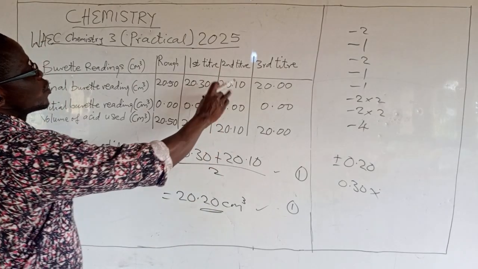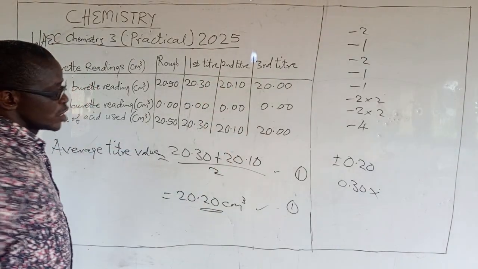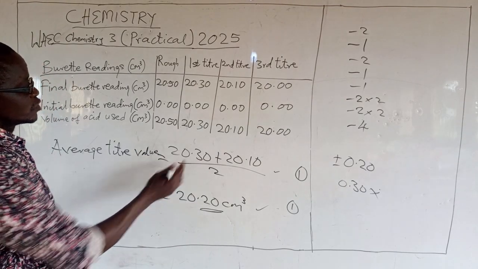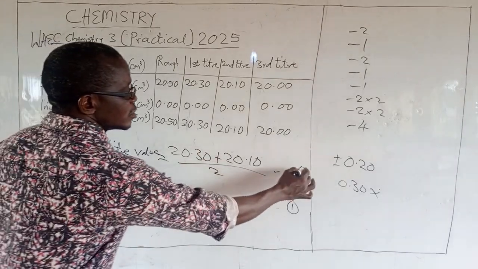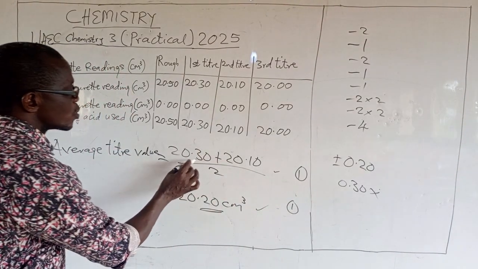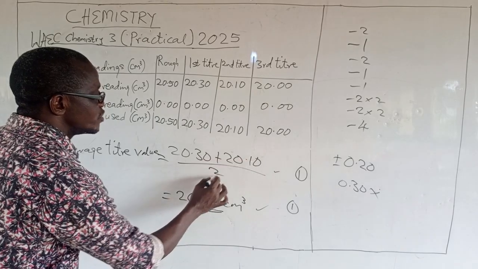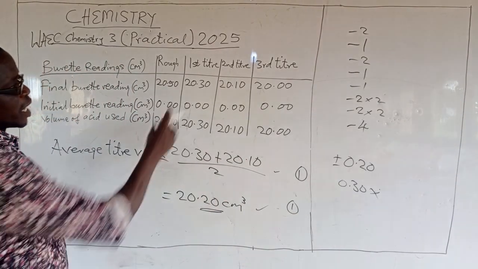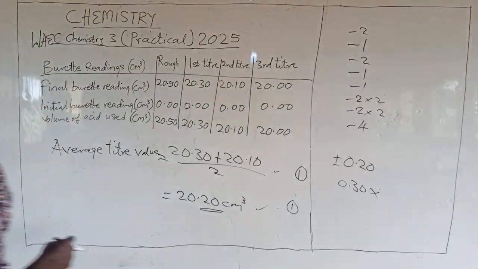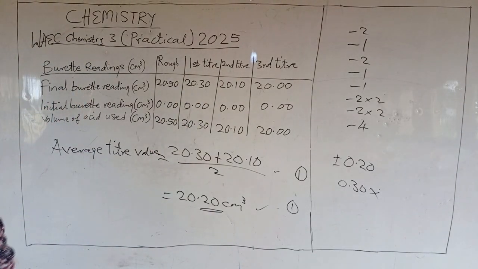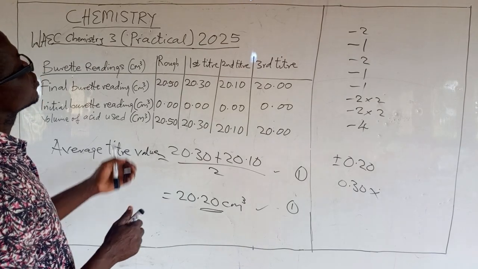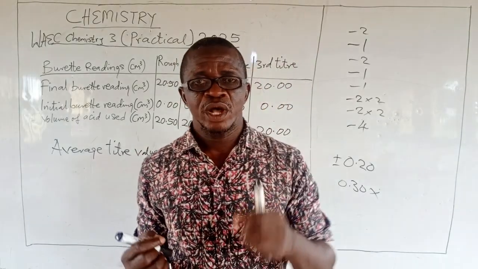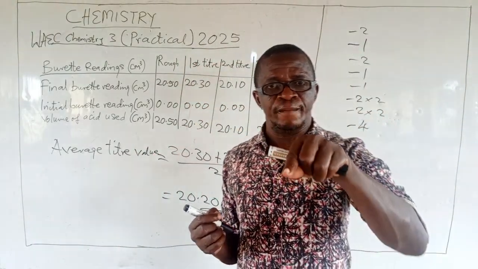Now, let me show you how your teacher will mark this for you. You have done this. The teacher will now check this and this. Are they concordant? Yes. You collect this mark. Now, the addition and division, is it correct with this answer? If it is yes, you get another 1 mark there. Now, on the table, your examiner will check the value that your school chemistry teacher recorded.